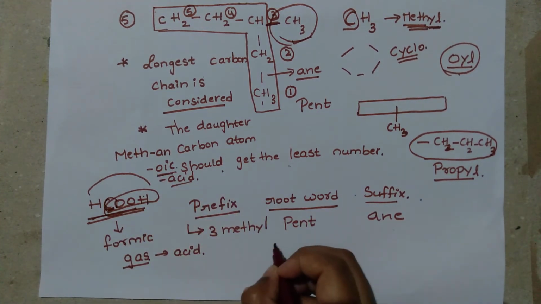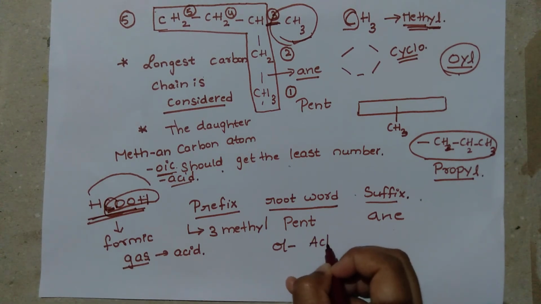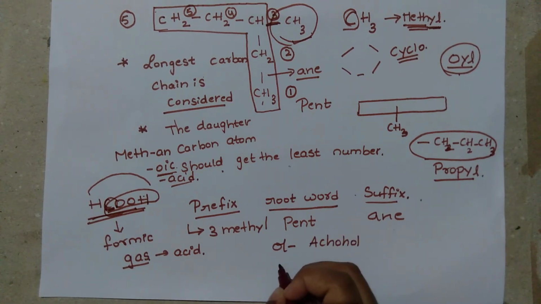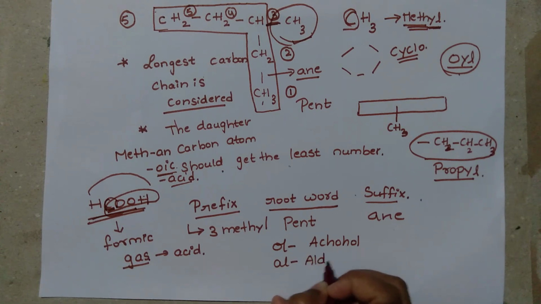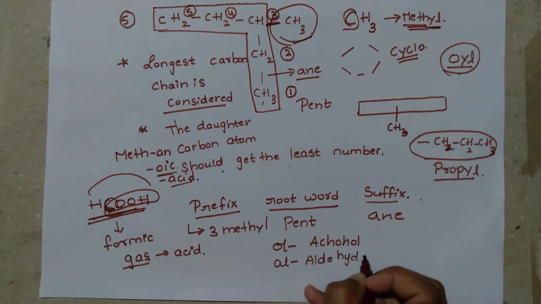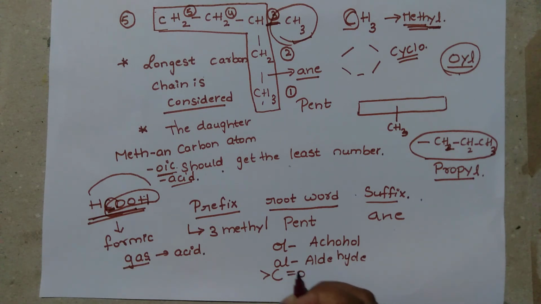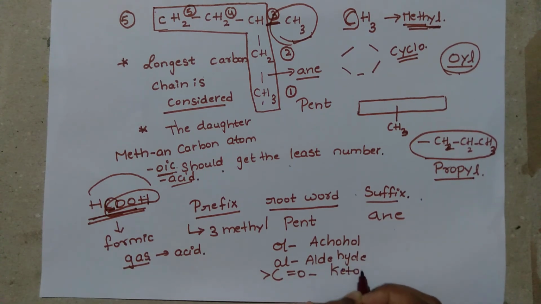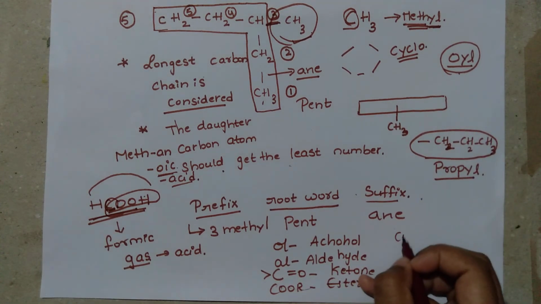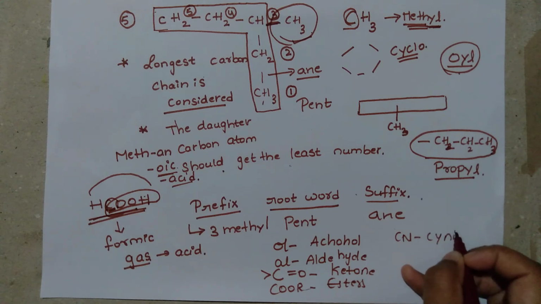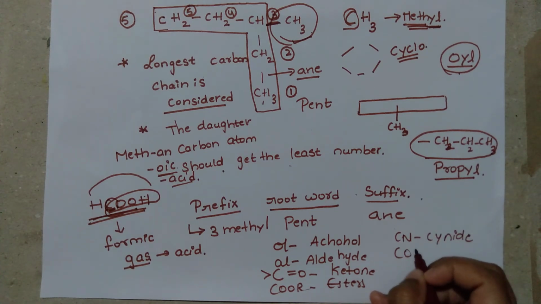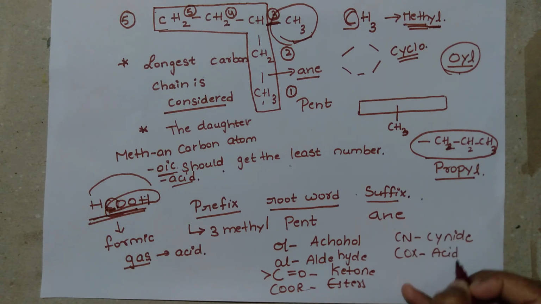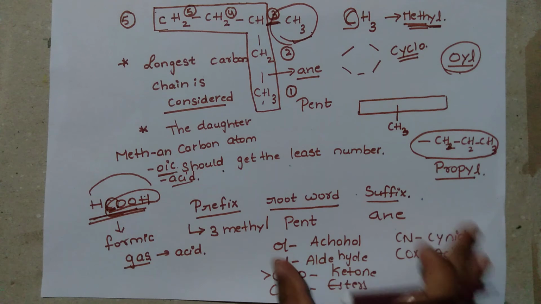So I hope you know what alcohol is, aldehyde, and next coming to C double bond O, it is ketone, and COOR, it is esters, and CN, it is cyanide, and COX, acid halide, and many others like this.